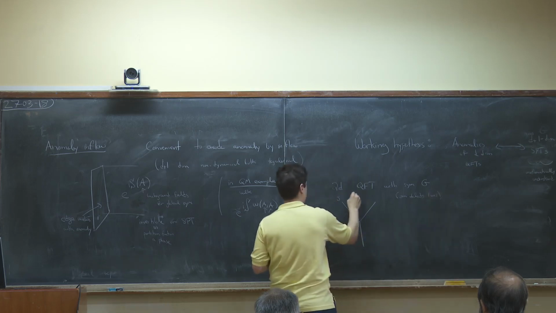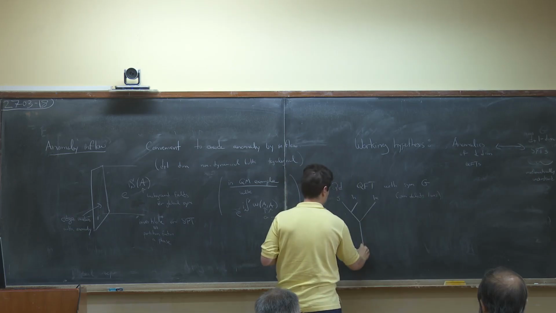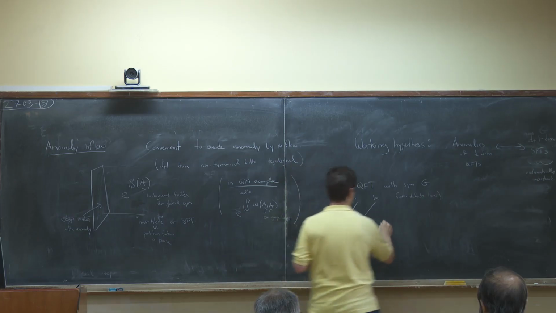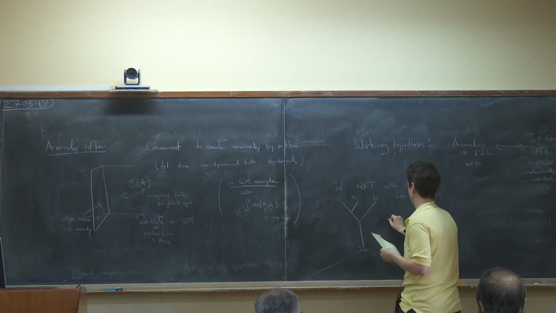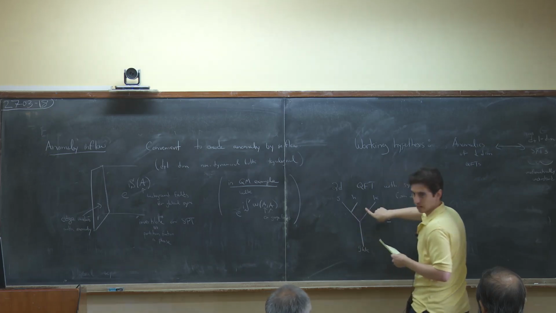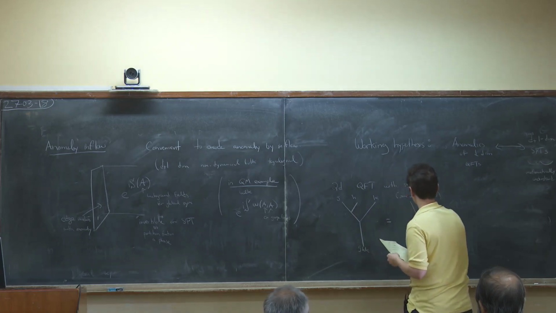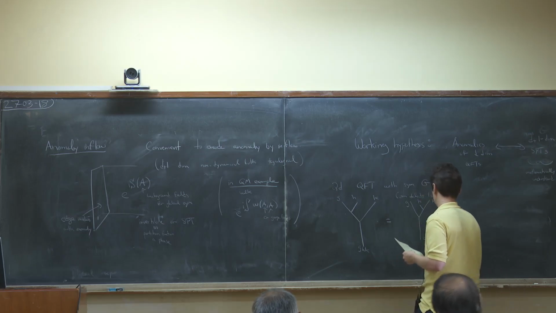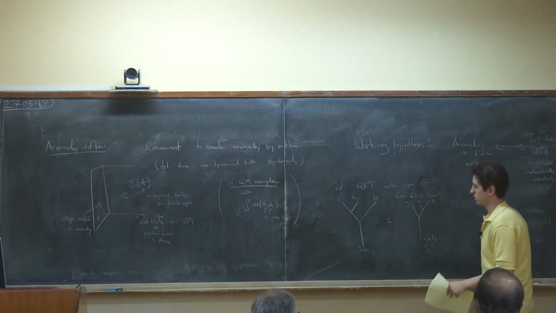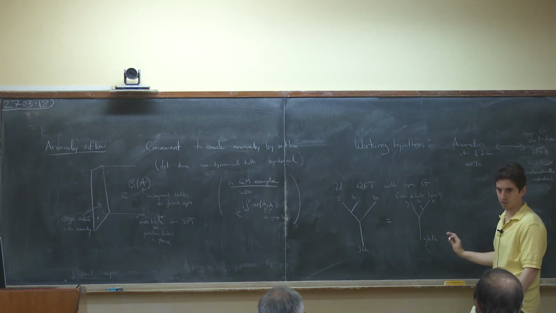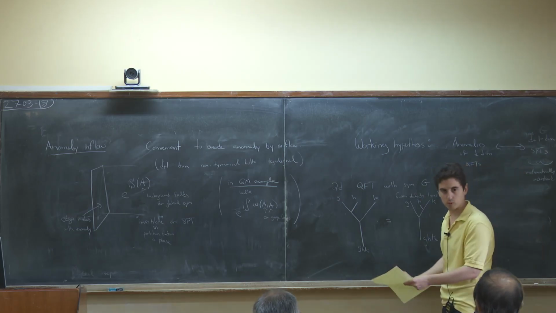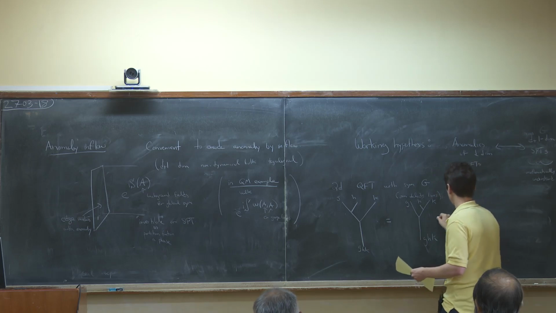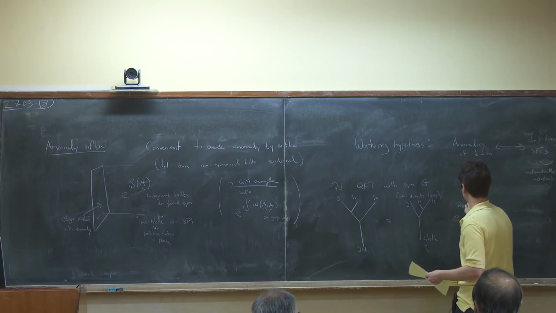We can consider a junction like this, and compare it to something where I slide H over here, this standard F move. Topological invariance would try to tell us that this is the same, and we should anticipate that in general we'll be wrong by a phase. So instead of getting equality on the nose, we'll get that it's equal times some phase.